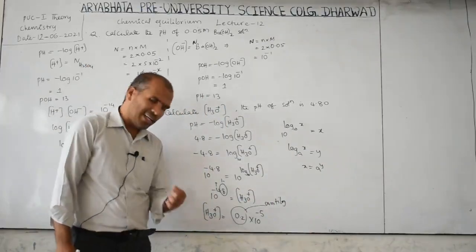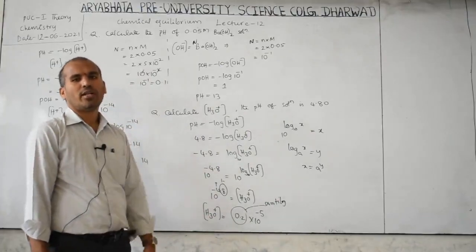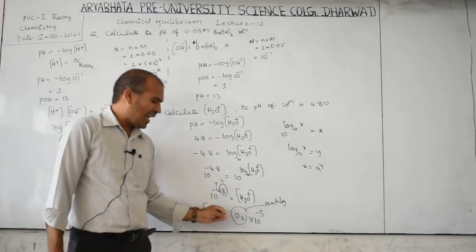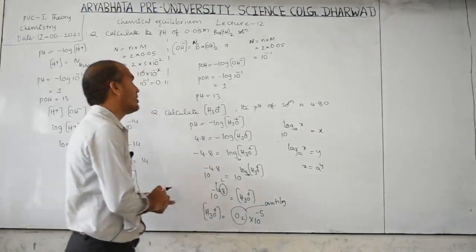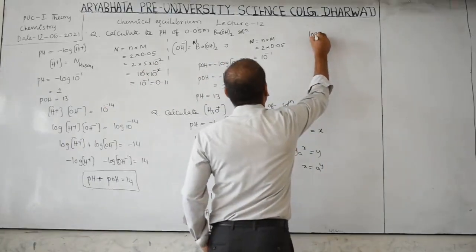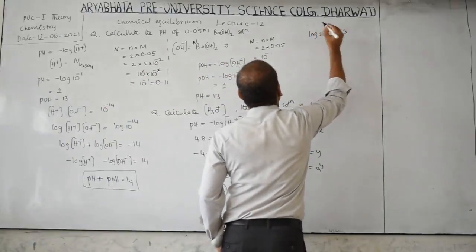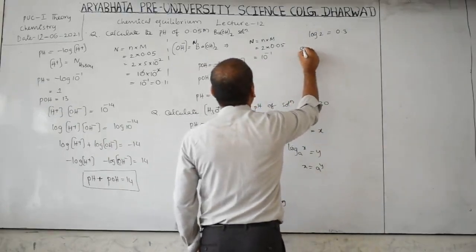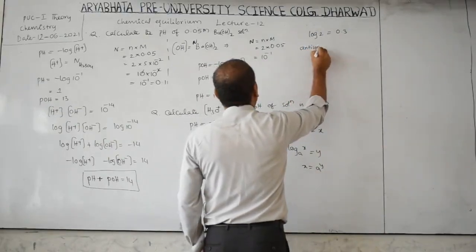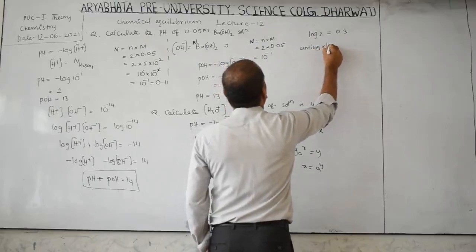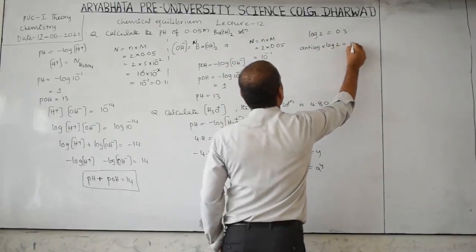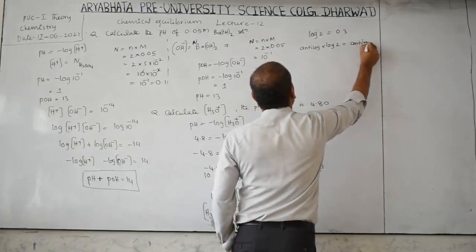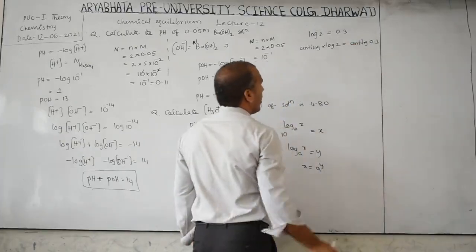How do we find this anti-log? You have the table, but without it I can write the answer, because log 2 is how much? 0.3. Now apply anti-logarithm on both sides: anti-log of log 2 is equal to anti-log 0.3.